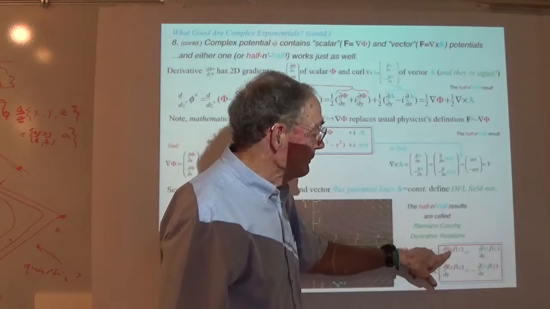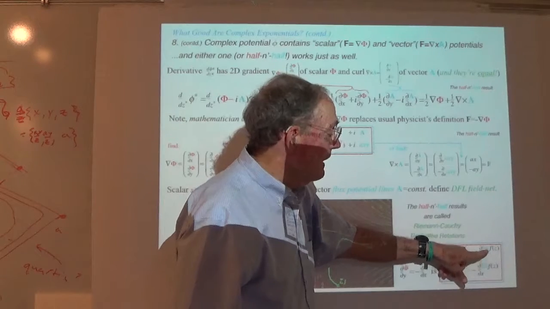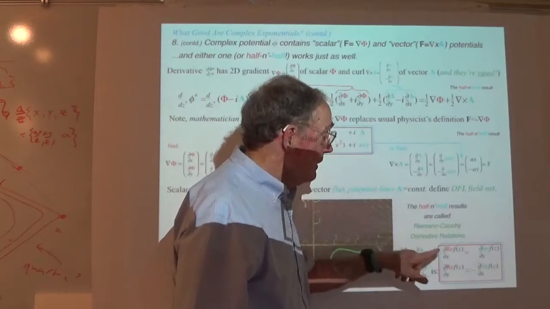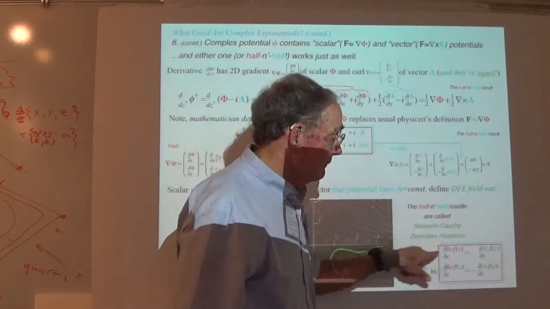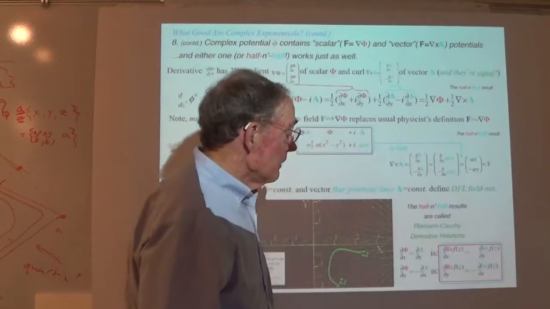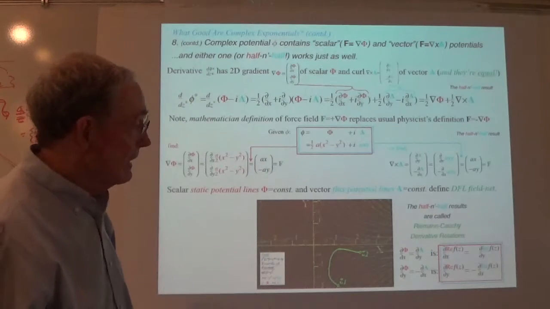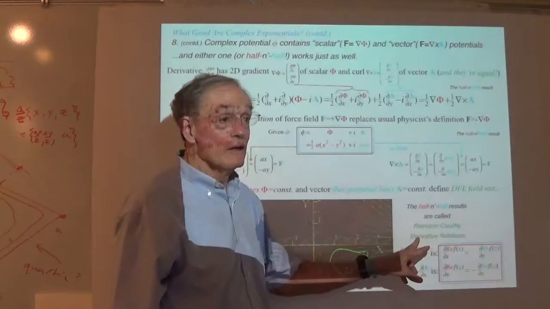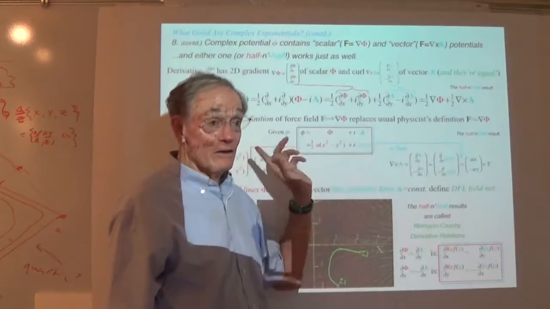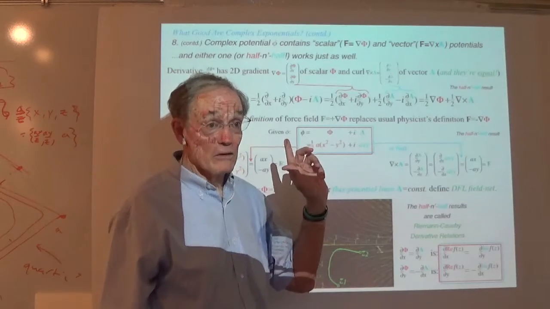The partial with respect to x of the real part of an analytic function equals the partial derivative with respect to y of the imaginary part, and it has this negative, antisymmetric equality for the flip of x and y. These are called Riemann-Cauchy. You've probably seen that. That's what's behind these being orthogonal coordinates too.